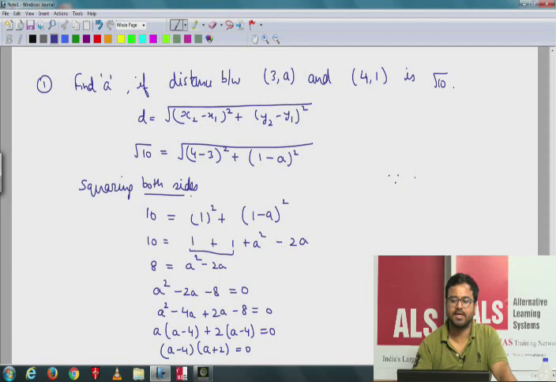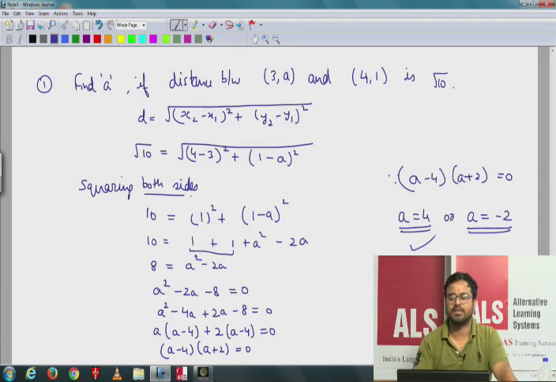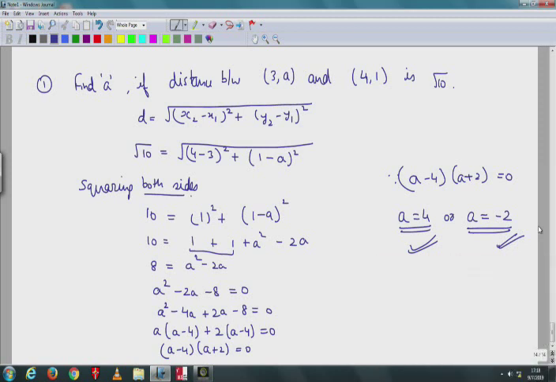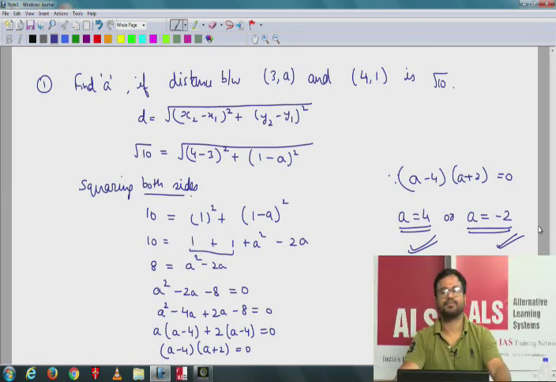So since we are getting a minus 4 into a plus 2 equal to 0, we can say a is equal to 4 and a is equal to minus 2. So either a is equal to 4 or a is equal to minus 2. Both will give you the same answer. Distance is root 10. So two answers are possible for this one, either 4 or minus 2.